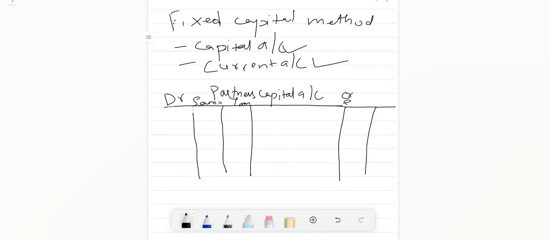I'm just writing this small, please don't follow this in exams. Please write the entire name. Particulars, amount, particulars, amount.